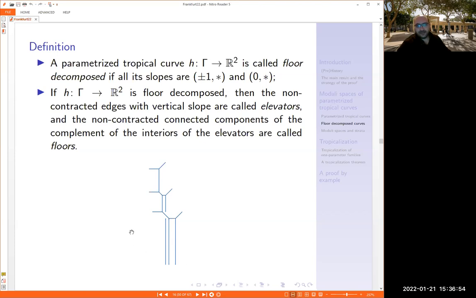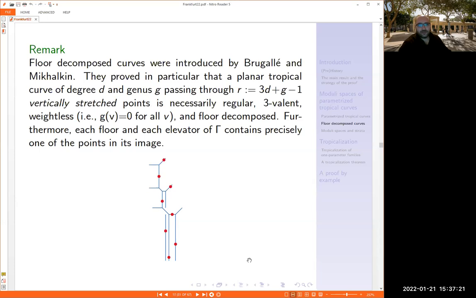And floors: floors are all the rest. In this case, we have three floors, the top floor, the middle floor, and the bottom floor, joined by these elevators. You can think of it as having floors and elevators going between them, and in fact we will play this game of traveling up and down between floors several times later on. So this is the notion of floor decomposed curves.